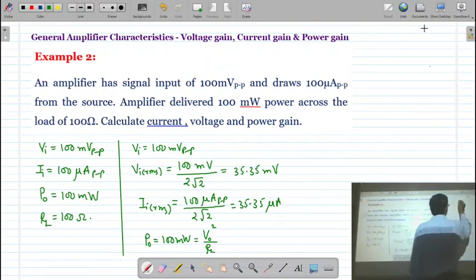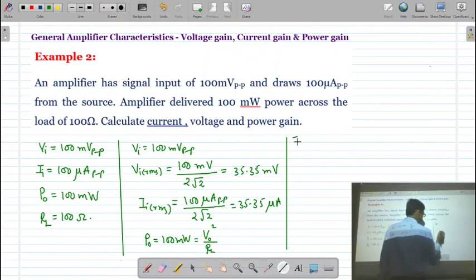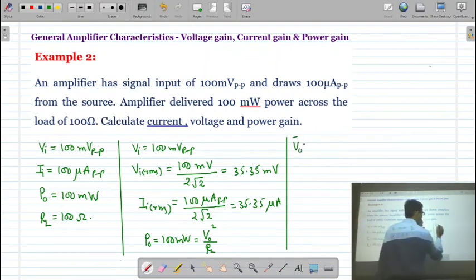The output voltage will be the square root of PO into RL.